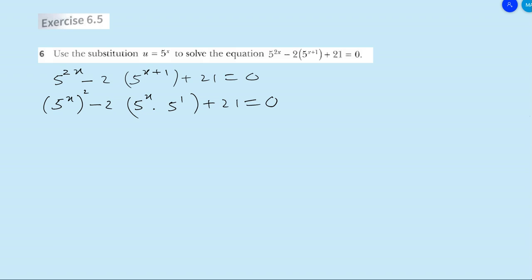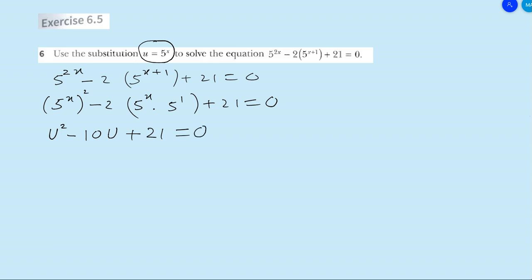Now as you know, we have to put u where we see 5 to the power x. This is the requirement. So this is u square minus 2, and 2 into 5, 2 5s are 10, 10u plus 21 is equal to 0.